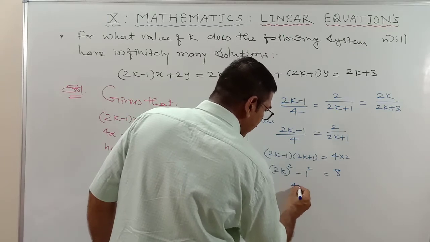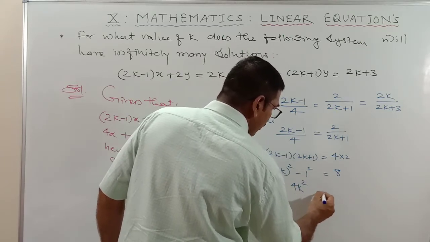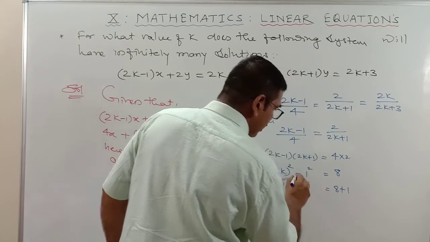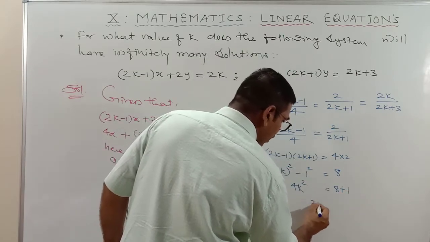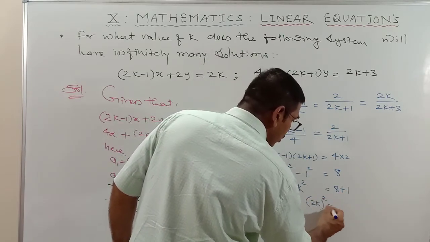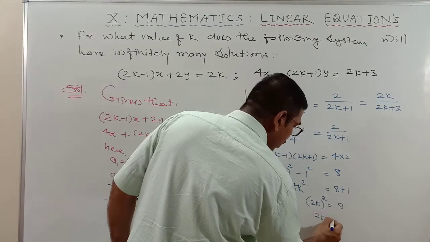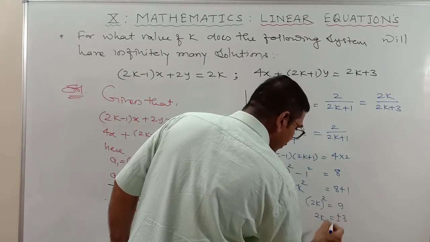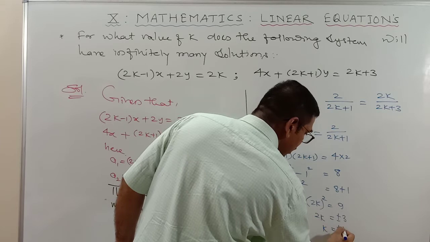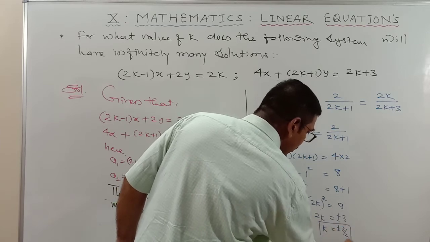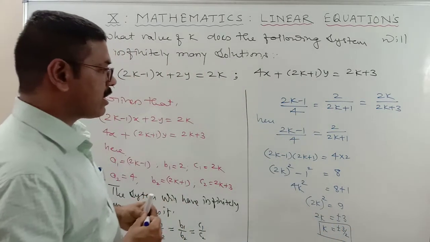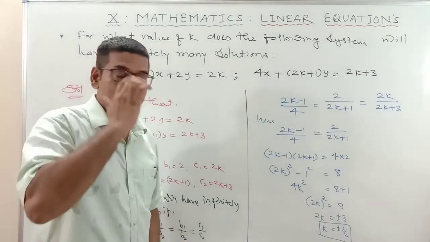So 2k whole square is equal to 8 plus 1, that is 9. So 2k is equal to plus minus 3. So k is equal to plus minus 3 by 2. This will be the value for which the system will have infinitely many solutions.